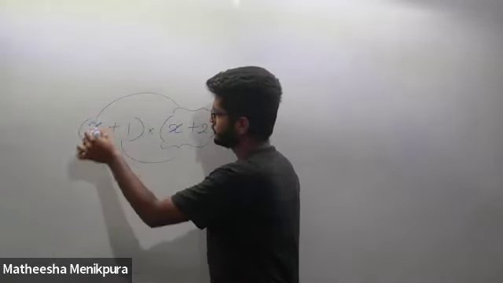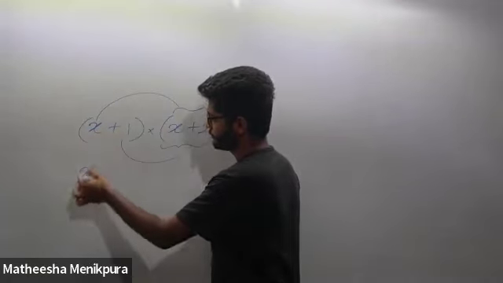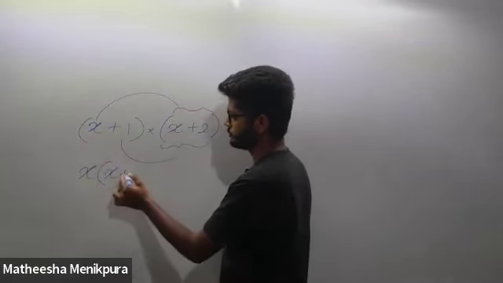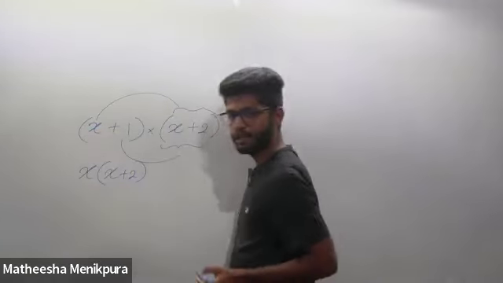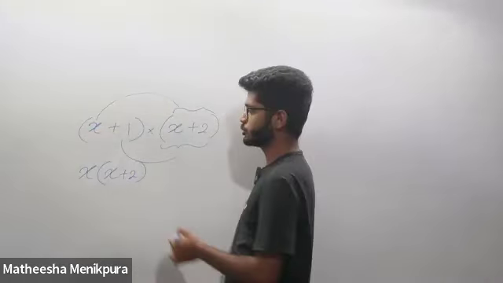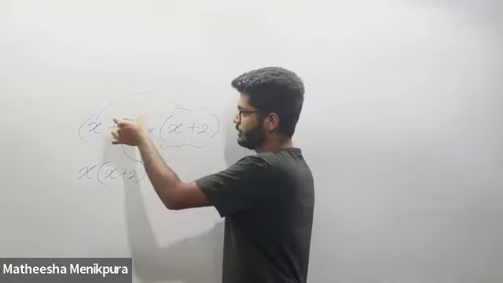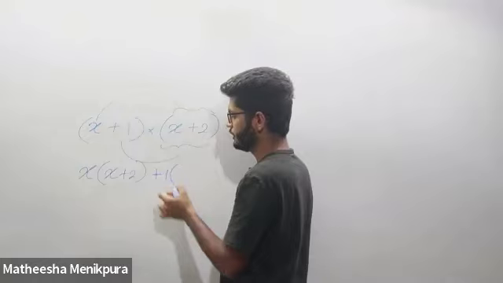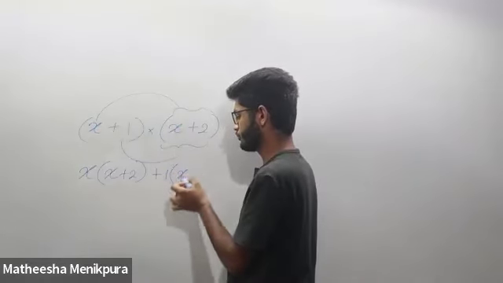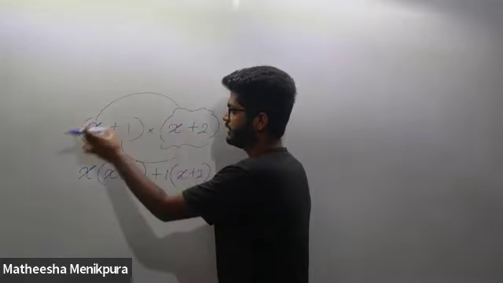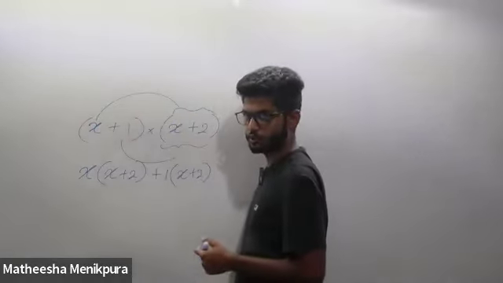So x multiplied by x plus 2, plus, here we have plus, therefore here also plus, 1 multiplied by x plus 2. We are multiplying this bracket with each and every term inside this one.